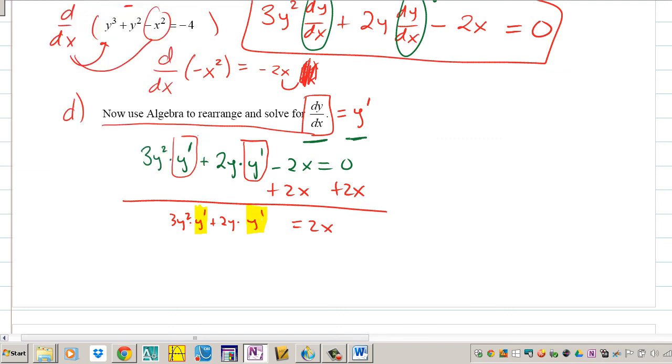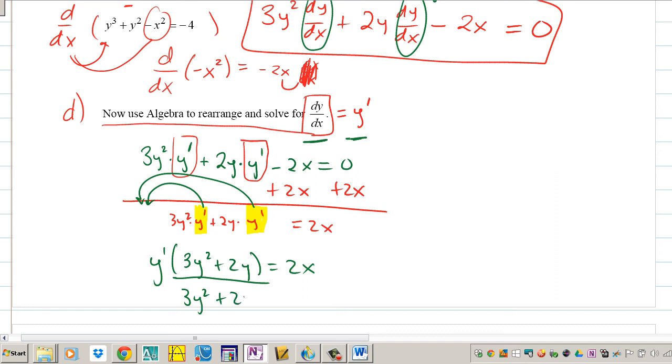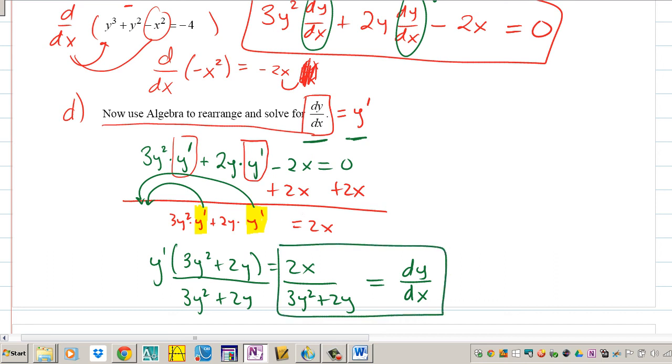I can factor out y prime. y prime times (3y squared plus 2y) is 2x. So if I want to solve for y prime, I divide by 3y squared plus 2y. And this is my dy/dx, because we know that y prime is dy/dx.